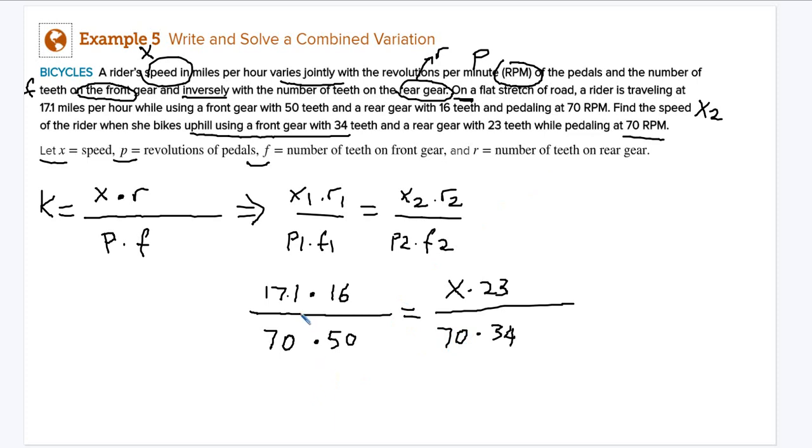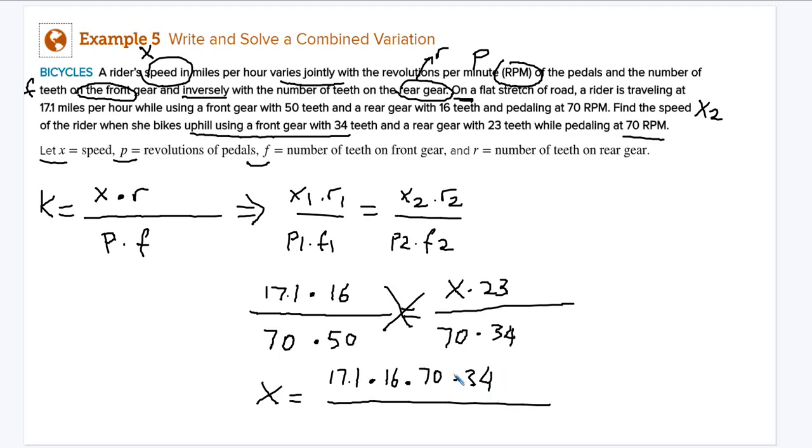There you go. 17.1 times 16 over 70 times 50 should be equal to X times 23 over 70 times 34. If you do the cross multiplication, all that stuff, you're gonna see X here will be equal to, if you put these all together, 17.1 times 16 times 70 times 34, I just put them all together, the first side, over the others, that 70 times 50 times 23.